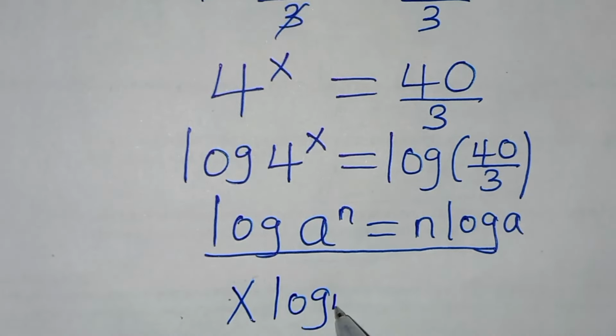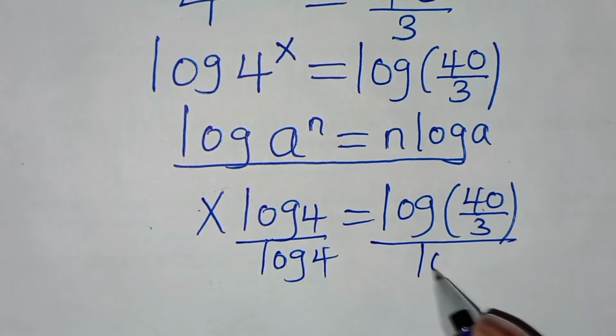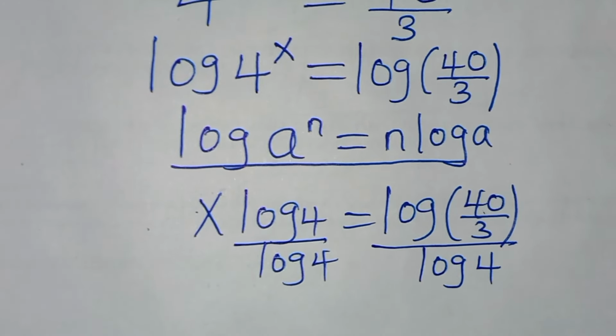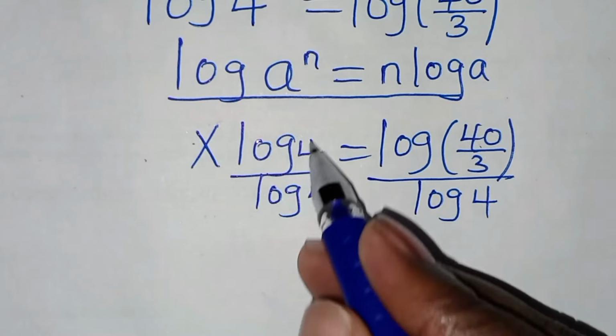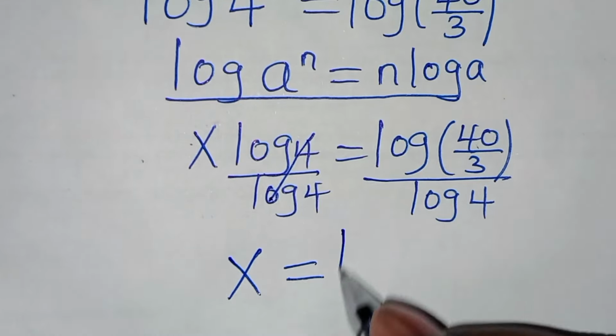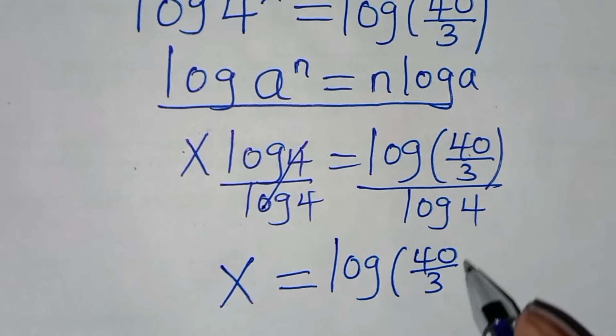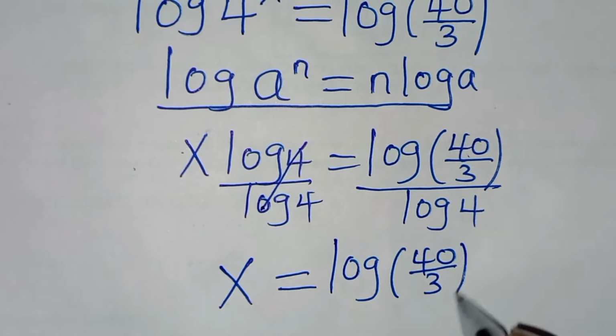So let's divide both sides here by log 4. Simplifying log 4 and log 4, we'll have x equal to log 40 over 3 divided by log 4.